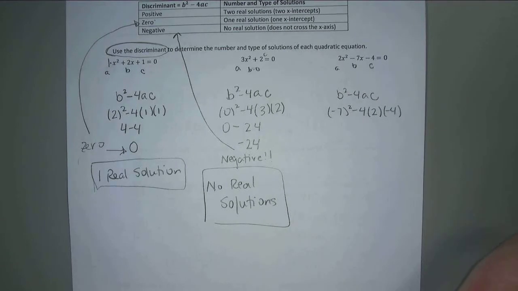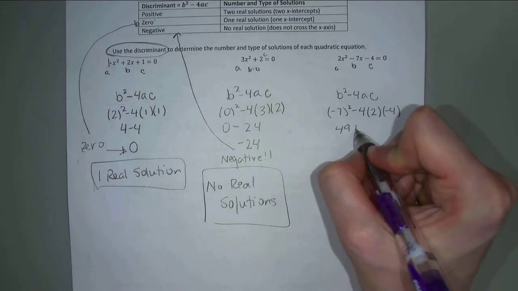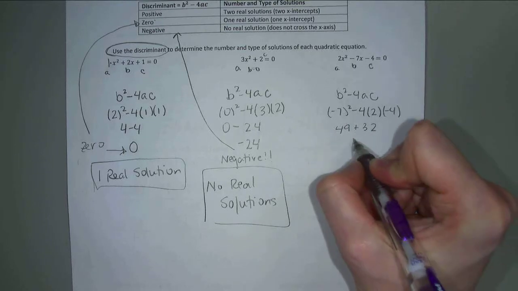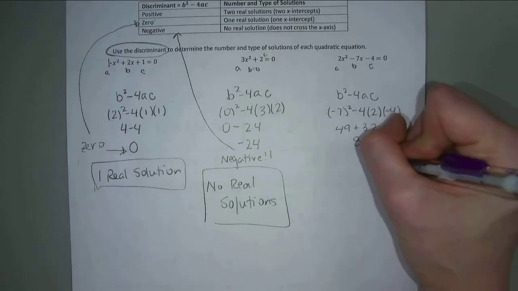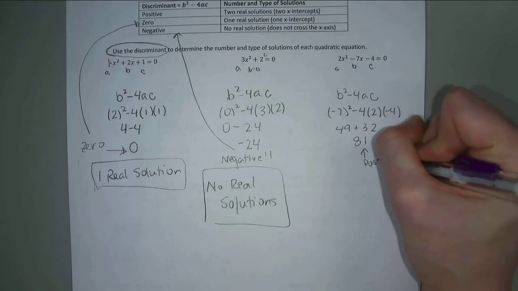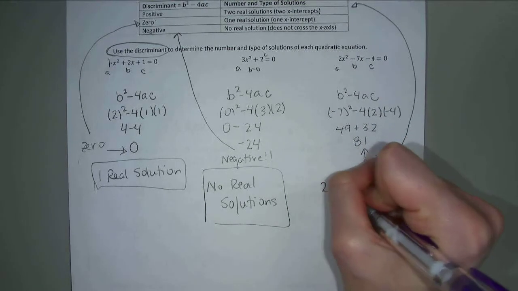Throw that into your calculator, you'll get 49, and then this is 8 times, it's positive 32, so you get 81. So what's that mean? It means we would have 81 under the square root, so that means a positive and negative 9 would pop out of the square root. So again, since this is positive, that's what we care about, positive, it matches the top one where we have 2 real solutions.